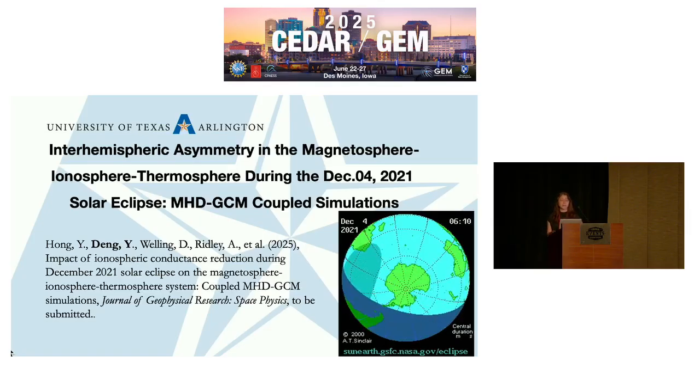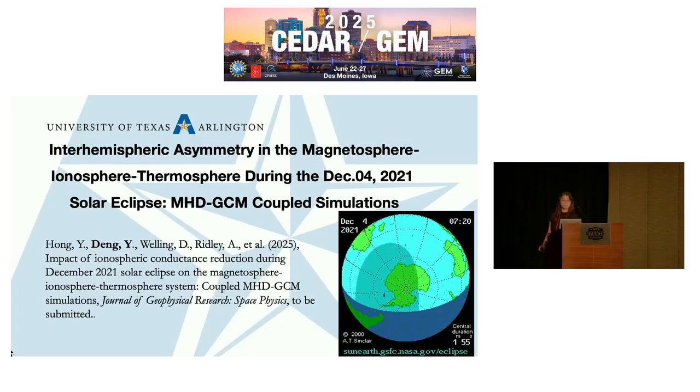And as you know, on December 4th, 2024, a solar eclipse happened over the southern polar region, which strongly reduced the ionosphere conductance, providing an unprecedented opportunity to study the ionosphere response and also the impact on the whole geospace environment.